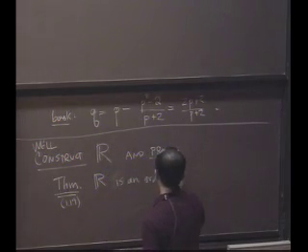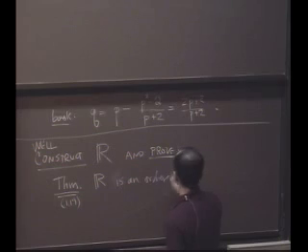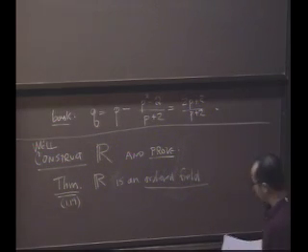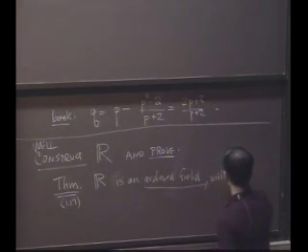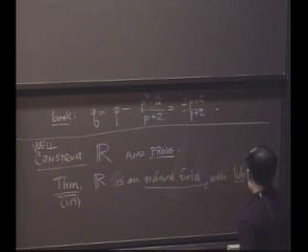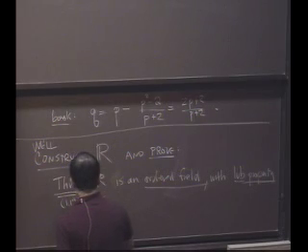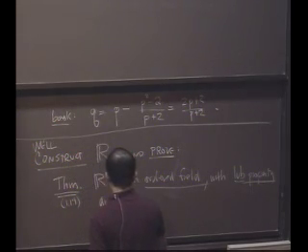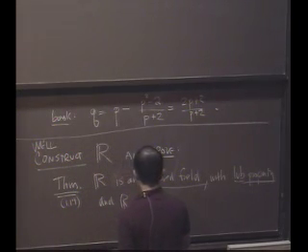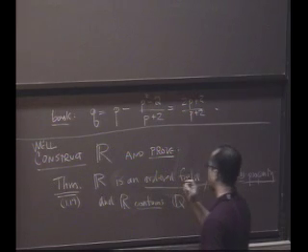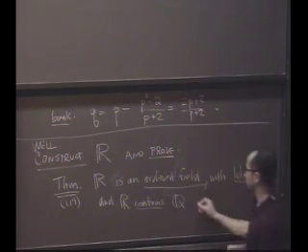Just like Q, it's ordered, and it's a field, and they play nice with each other, with what's called the least upper bound property. I have to tell you what that is. And R, not only does it satisfy these properties, but it extends Q. It contains Q as a subfield.